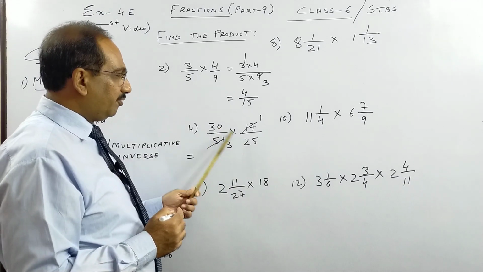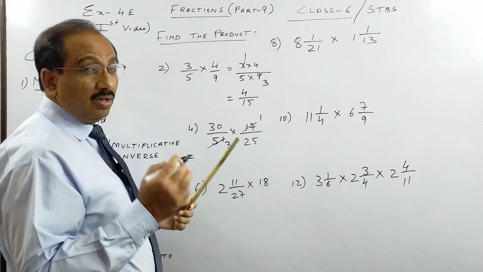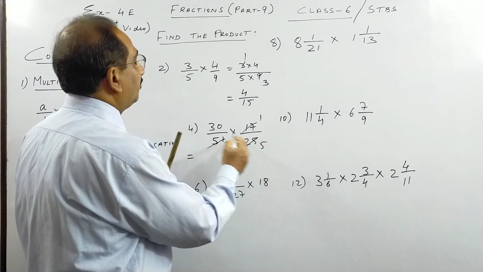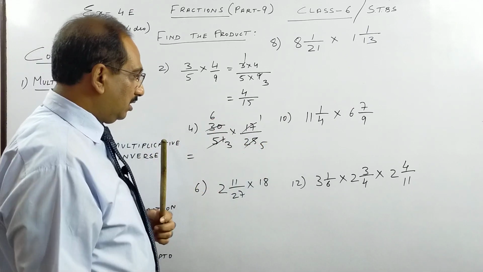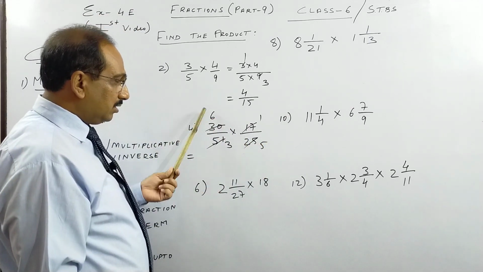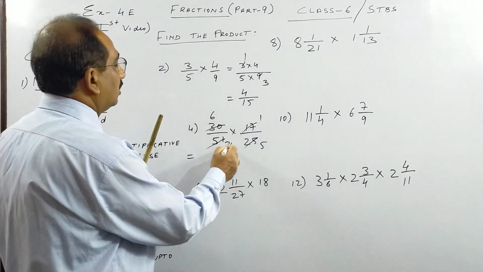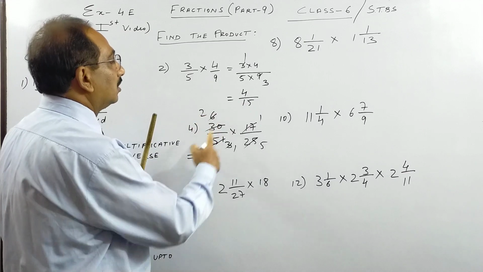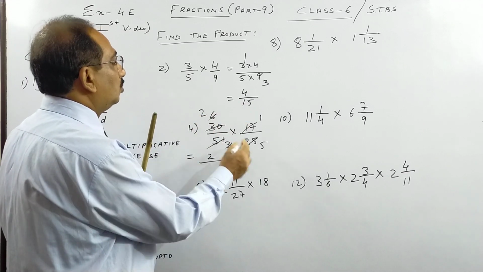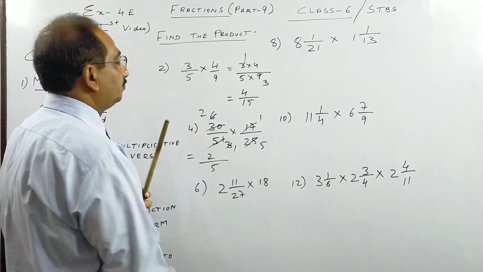And 25 and 30 come in table of 5. 5 fives are 25, 5 sixes are 30. Again you see 6 and 3. 6 comes in table of 3. 3 ones are 3, 3 twos are 6. So finally we have, children, 2 by 5.